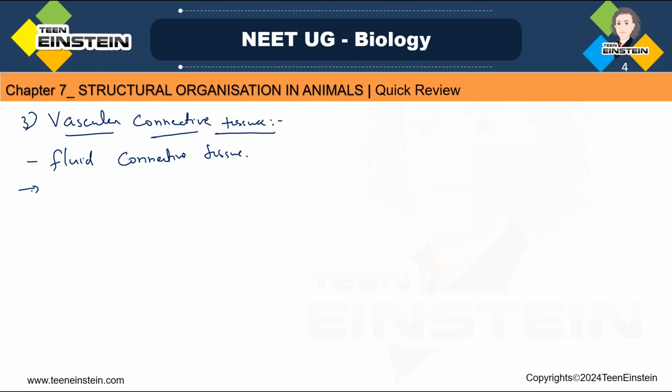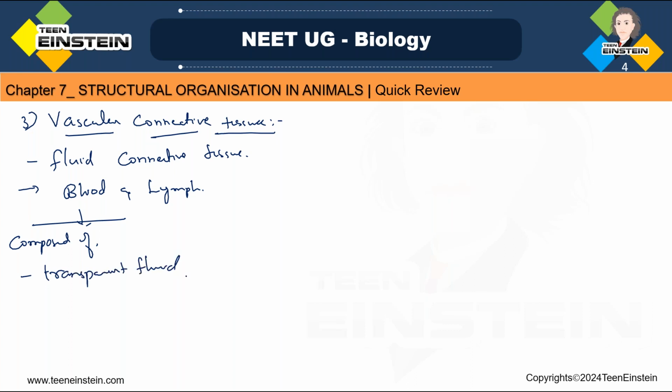So this fluid connective tissue is circulating through the cardiovascular system, and this is classified into two main types. There's a broad classification for this. It's broadly classified as two main types: blood and lymph. Clear? Blood is composed of a straw colored transparent fluid, that is called plasma, blood plasma.